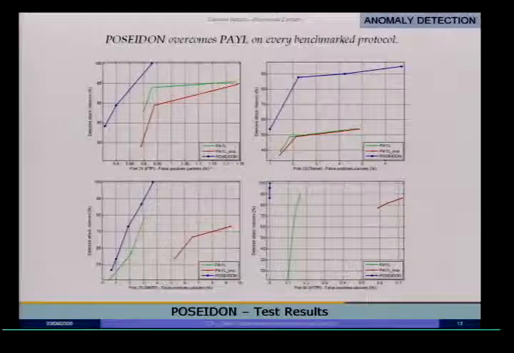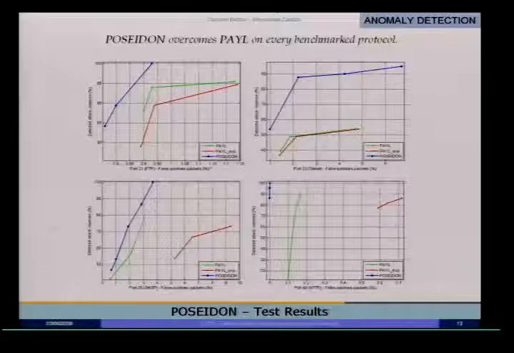Here in these charts, the blue line is Poseidon, the green line is PAYL, and the red line is about the experiment we did with PAYL. We extracted the detection rate information for PAYL from the PAYL paper, and then we wanted to confirm this data, so we repeated the PAYL tests ourselves.